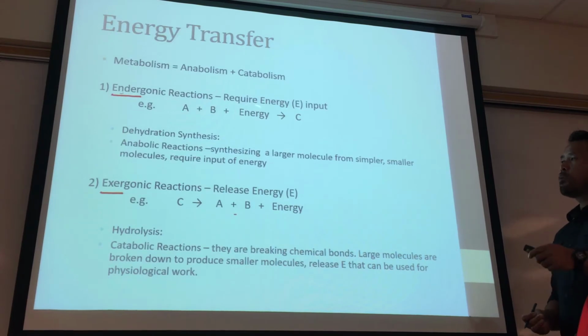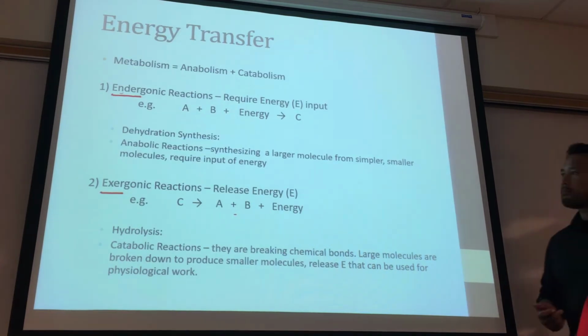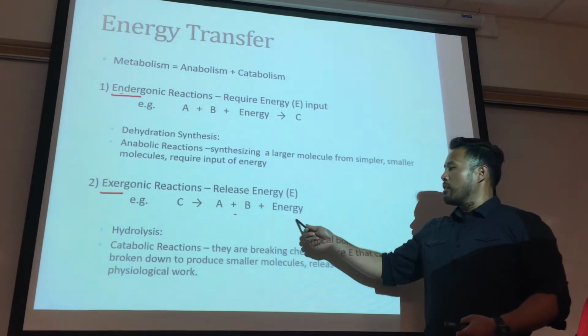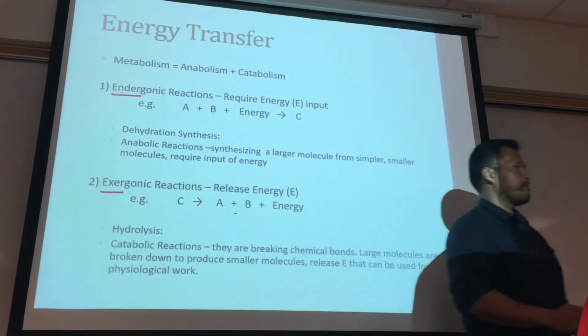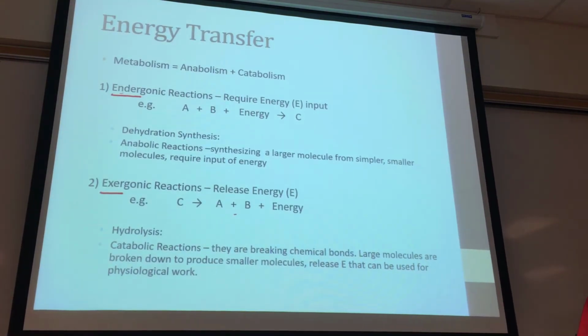Endergonic reactions require energy to be put into the reaction in order for that reaction to take place. Exergonic reactions are reactions in which one of the products is the release of energy. So looking at that example I talked about earlier, A plus B plus a certain amount of energy produces baby.